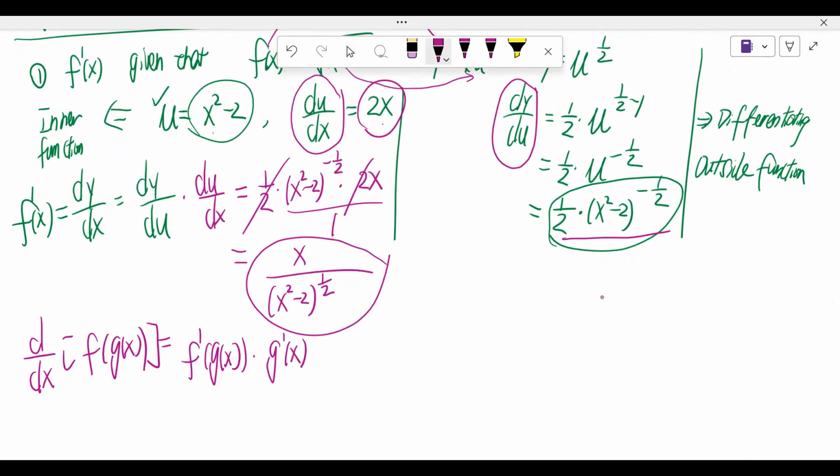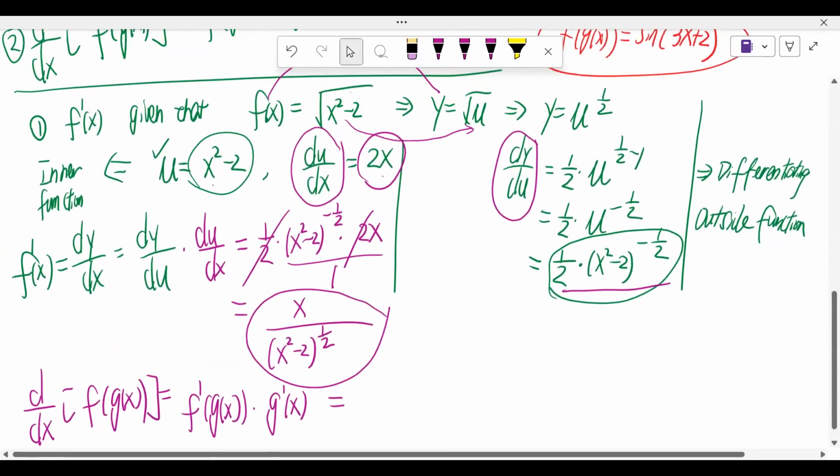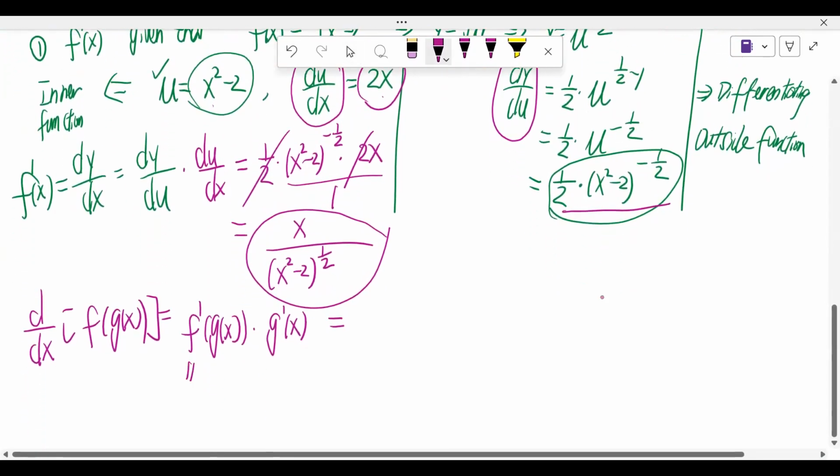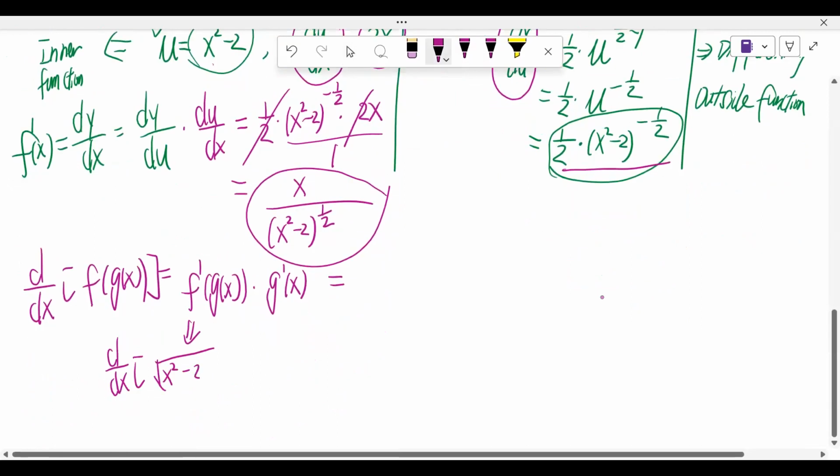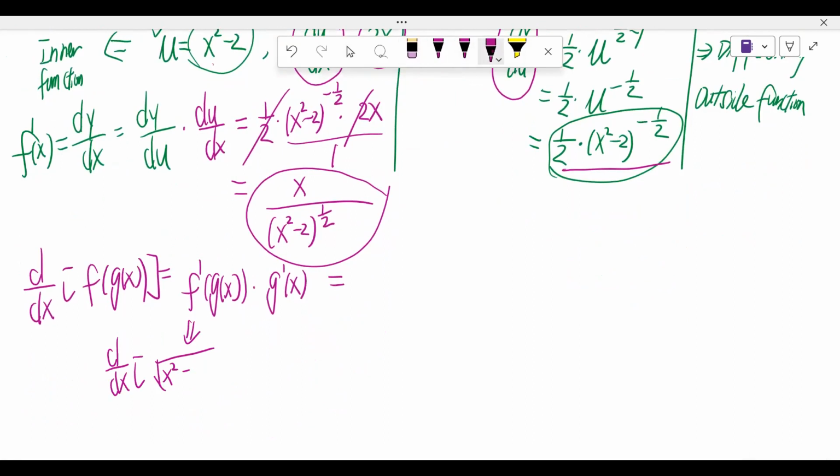Now, f prime of g of x is like taking the derivative of the square root of x squared minus 2. And the way we do it is, first of all, turn it into a power function.